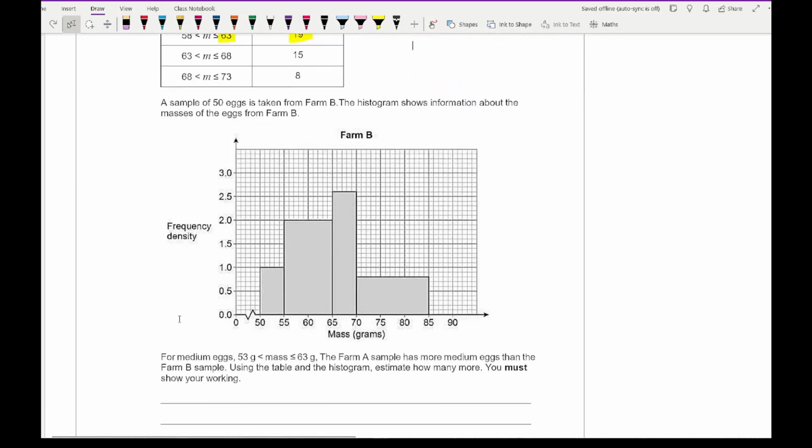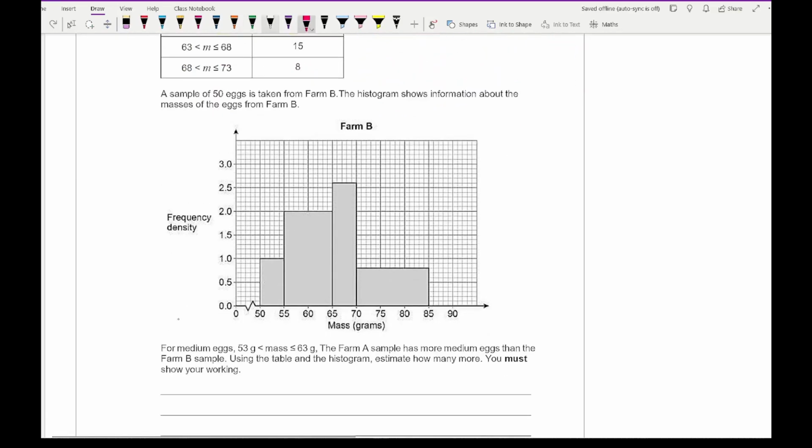So then we need to work out how many farm B has. So for this, we can see that 53 and 63 are split in terms of the first 2 bars. So 53 is going to be here, and it's this area that we're wanting. And 63 is going to be here, which is going to be this area here.